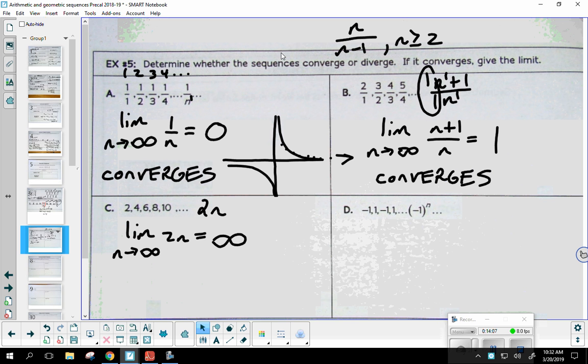As n becomes infinitely large, 2n is going to become infinitely large. So here, are we approaching a specific number? No, infinity does not represent a specific number, so this is the first one that diverges. That's exactly right.